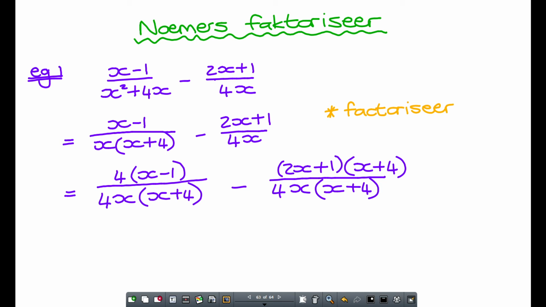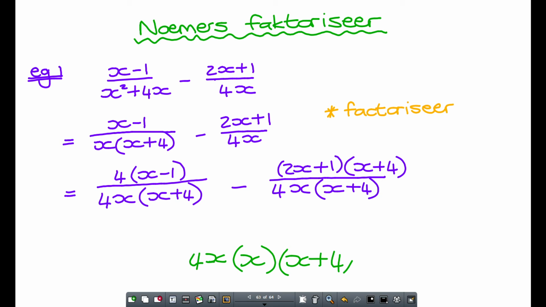Okay. So onthou jy by gister, né? Ons het gaan kyk na wat is die kleinste gemeene veelvoud. Né? So jy sou net kon vat, ek gaan nou onderkrap en weer uitvee. Jy sou kon sê 4x maal met x plus 4. Met ander woorde, ek gebruik alles wat onder was en ek maal dit met mekaar, né? Dit sou nie verkeerd gewees het nie. Maar die enigste ding is dis nie die kleinste gemeene veelvoud nie.